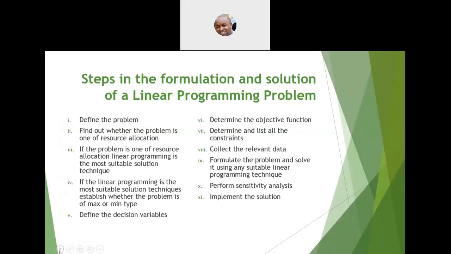Number 5 and number 7 are related, and so are number 1 and number 4, because when you define the problem, you're actually determining the objective function. Thereafter, you'll have to collect the relevant data, and most of those things will have been given for you, and thereafter, you'll have to formulate and solve the problem.